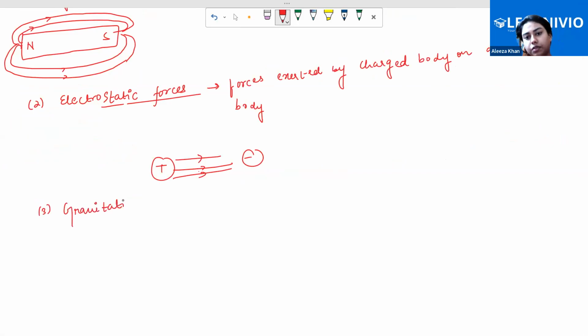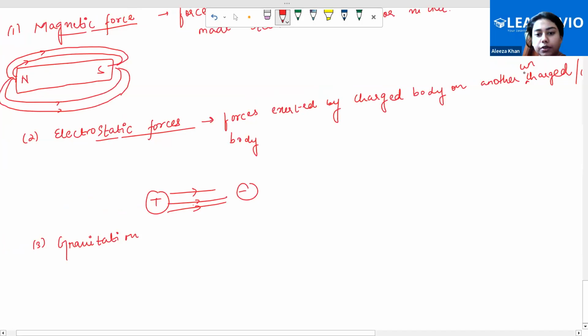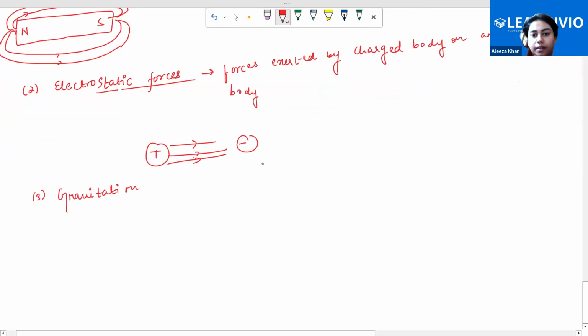Ieshal, this can be in the case of both uncharged and charged bodies. One body should be charged, but it can attract any uncharged body and charged body also. Okay.